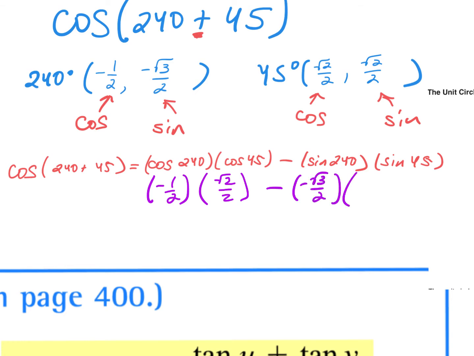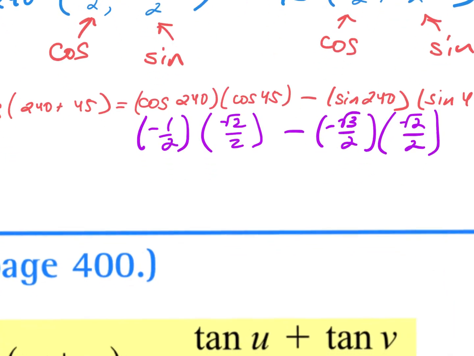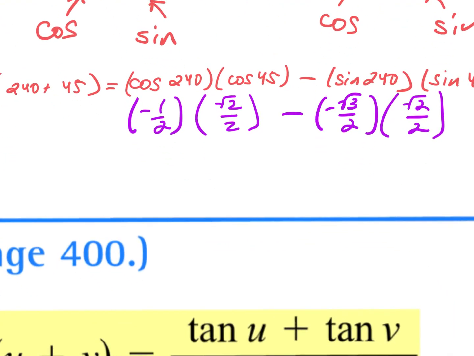And then what is the sine of 45? Square root of 2 over 2. Wonderful. Now we just simplify. What's the negative 1 times the square root of 2? Negative square root of 2. And 2 times 2 is? Perfect. Minus. What's negative square root of 3 times 2? Sorry, negative square root of 3 times square root of 2 is negative 6 over 2 times 2 is 4.